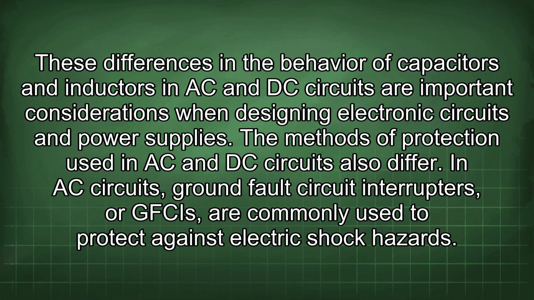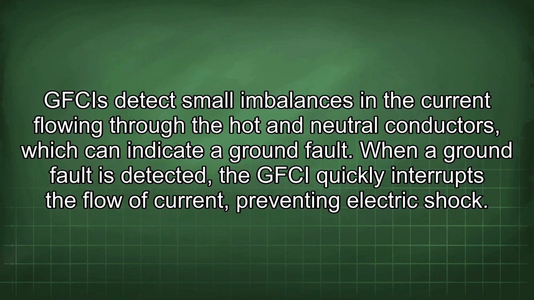The methods of protection used in AC and DC circuits also differ. In AC circuits, ground fault circuit interrupters, or GFCIs, are commonly used to protect against electric shock hazards. GFCIs detect small imbalances in the current flowing through the hot and neutral conductors, which can indicate a ground fault. When a ground fault is detected, the GFCI quickly interrupts the flow of current, preventing electric shock.